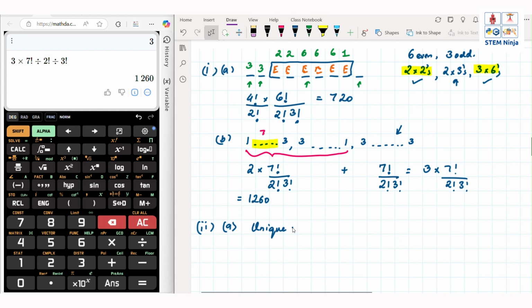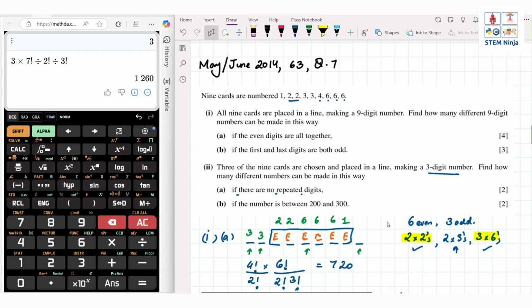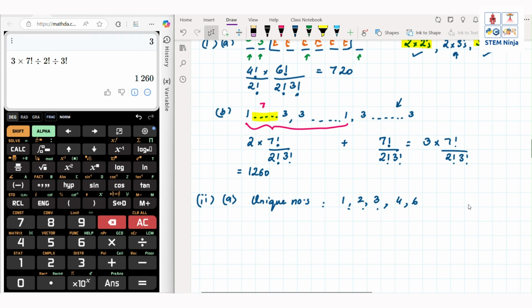So unique numbers are 1, 2, 3. Do we have a 4? We have 4. 1, 2, 3, 4, and 6. So that means 1, 2, 3, 4, and 6, 5 unique numbers.